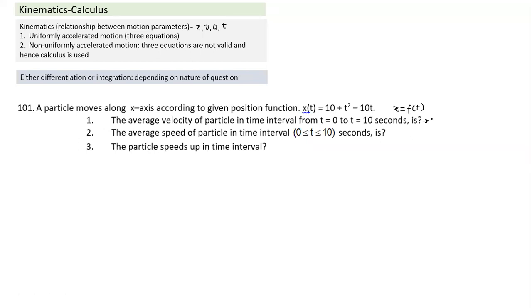Correct. Basically, what I need is total displacement. So I need the position at t equal to 10 seconds, and the position at t equal to 0 seconds, divided by the time interval. That's what average velocity is. So nothing else needs to be done here. You find the position at 10 seconds, you find the position at 0 seconds, divide by 10 seconds, and that's my average velocity.